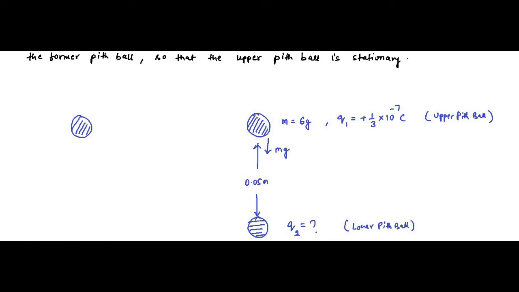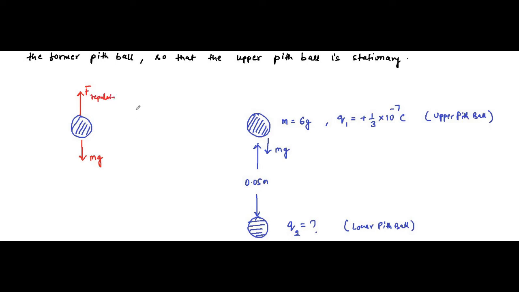First is the downward force because of its weight, under the influence of gravity. And if we want it to remain stationary, we have to supply an equal and opposite force in the opposite direction, and that will be the electrostatic force of repulsion.